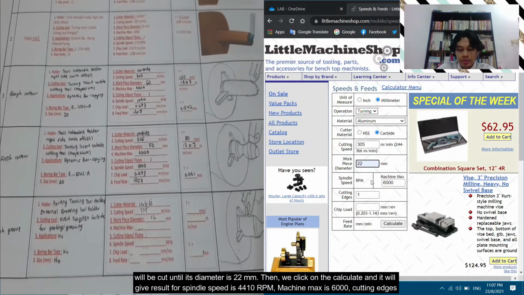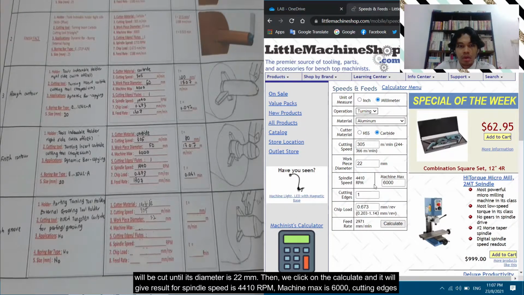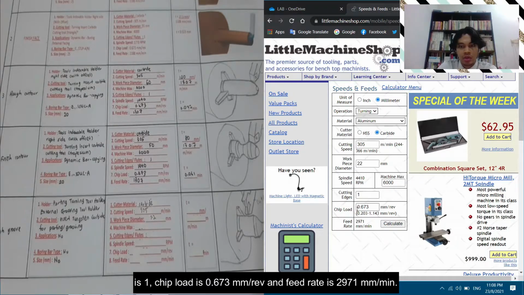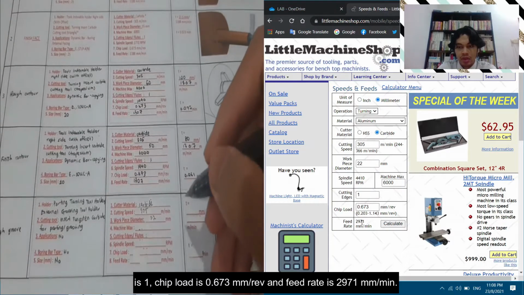And then we click on calculate and it will give the result: spindle speed 4410 rpm, machine max 6000, cutting edge is 1, chip load is 0.673 mm per rev, feed rate is 2971.